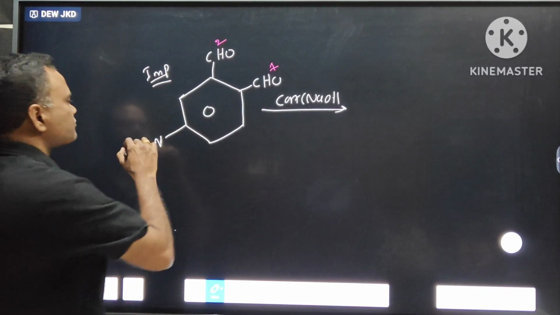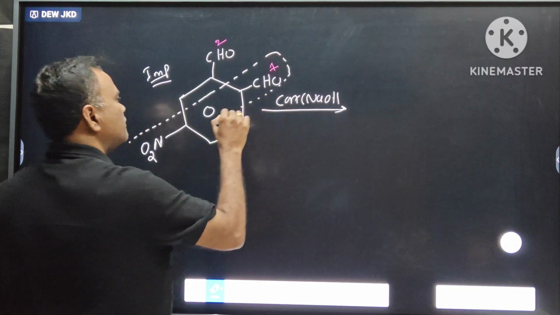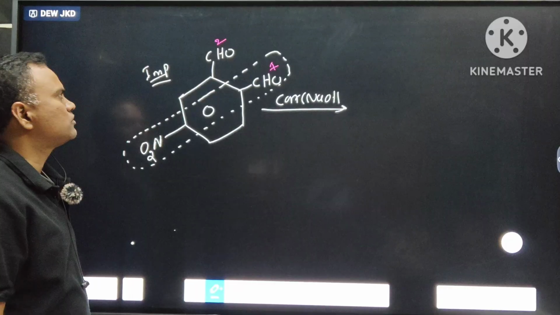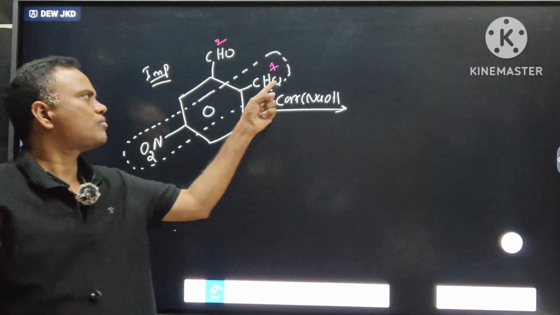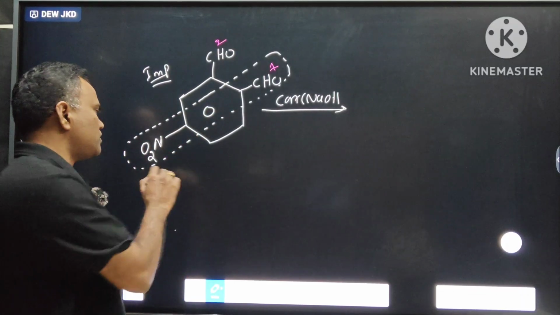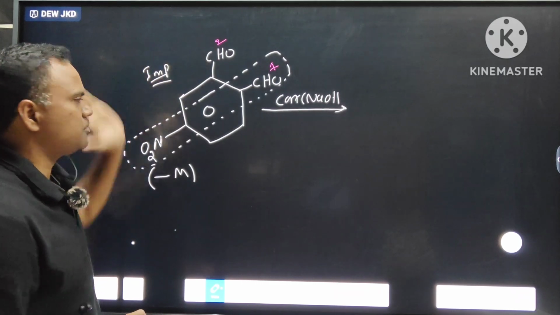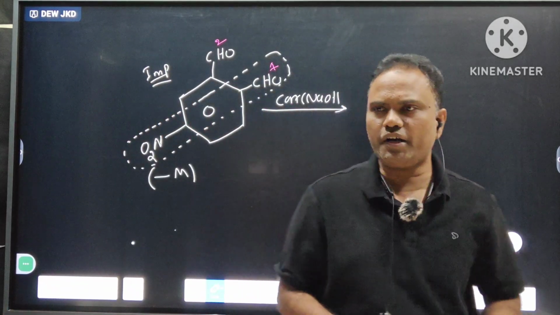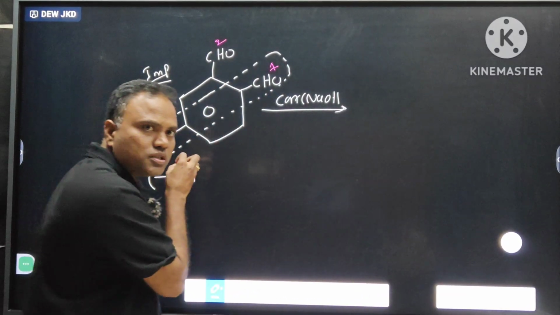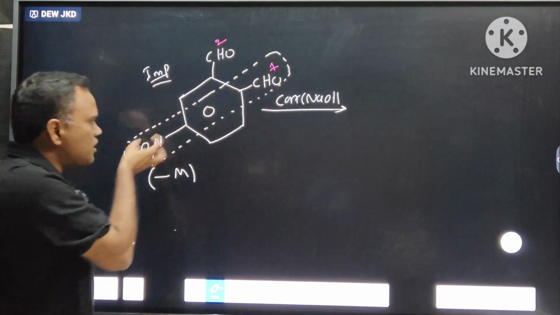See here, this NO2 first one will be attacked by the nucleophile. See, the first aldehyde is in the para position to the minus M group. The second aldehyde is not in the para position, it is in the meta position. So the minus M effect of NO2 works on the first aldehyde only, because the first aldehyde is para to NO2.